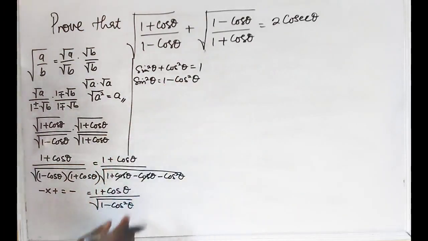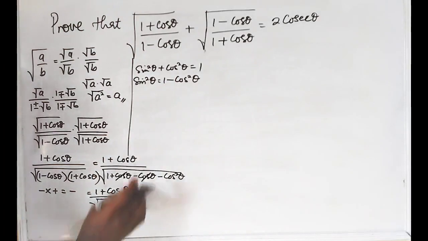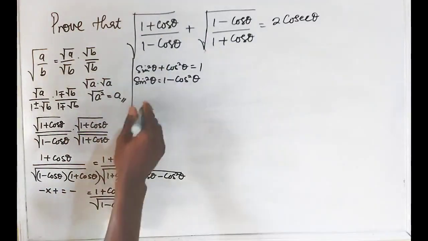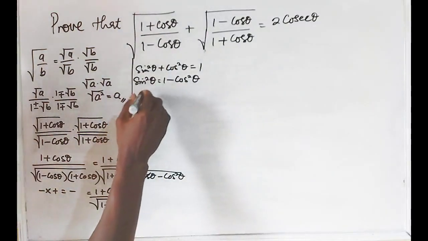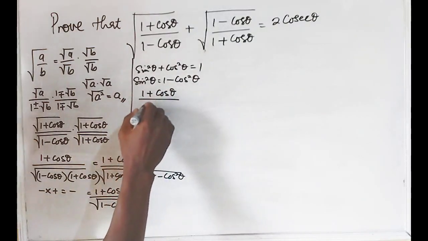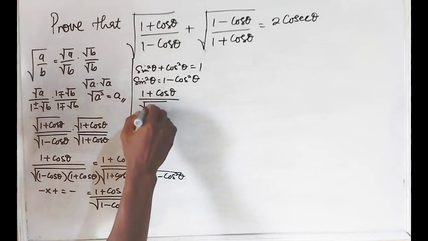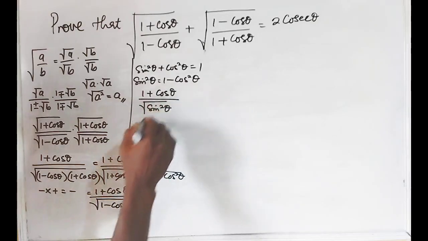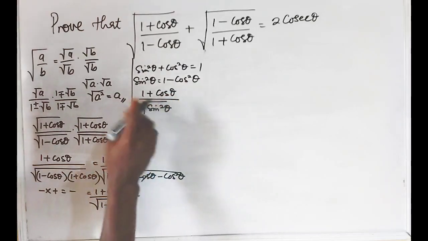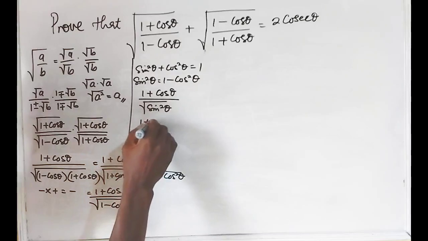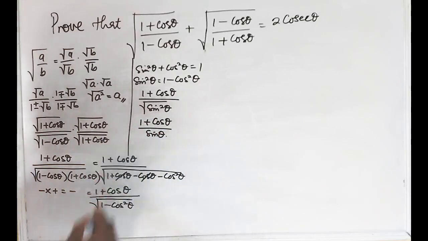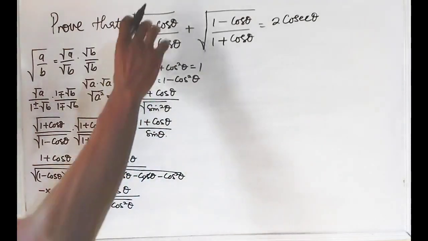Since this is true, 1 minus cos squared theta can be replaced by sine squared theta. So the first side of the equation is 1 plus cos theta over the square root of sine squared theta, and the square root of sine squared theta is sine theta. Here you have 1 plus cos theta over sine theta. Alright, this is the solution to this.